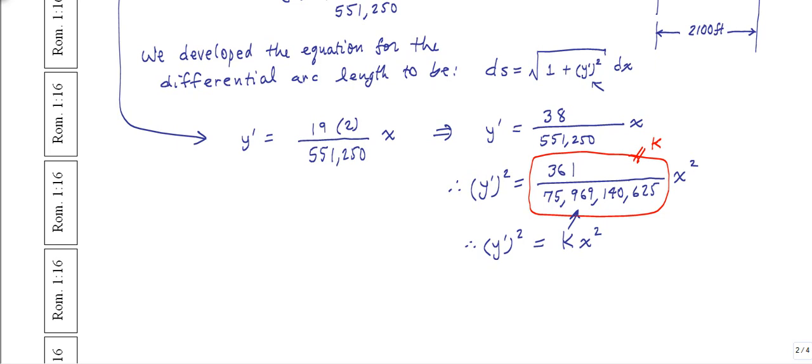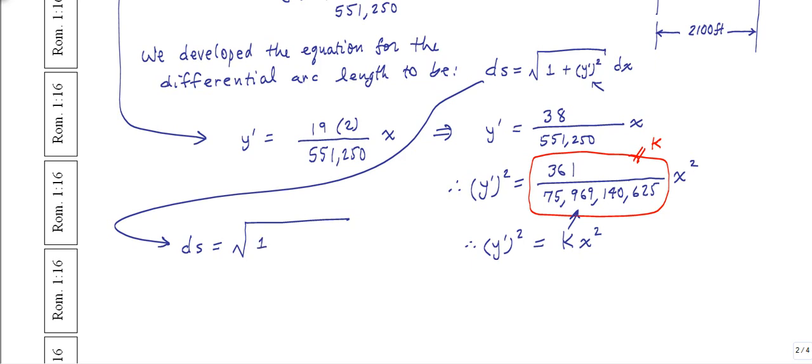Now that we've done that, let's go ahead and plug it into this expression here. So I'm going to say, all right, so coming down over here, ds is equal to root 1 plus y prime squared, which we just said is kx squared, dx. And what I really want to do is find s.